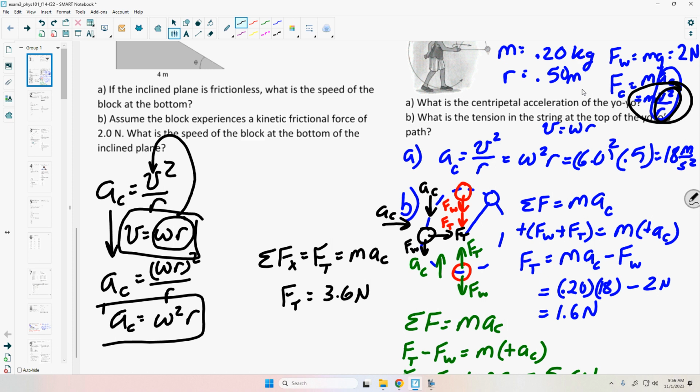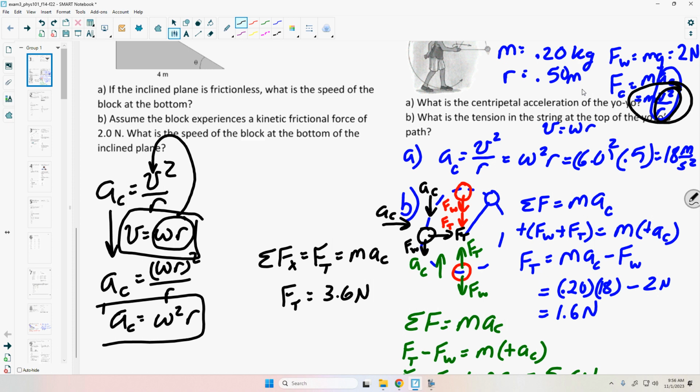For the one on the side, why didn't you use the force weight? Yeah, so the one on the side, I didn't use the force weight because remember in Newton's second law, back in chapter 4, we would say that the sum of the forces in the x direction is equal to max, and the sum of the forces in the y direction is equal to may.